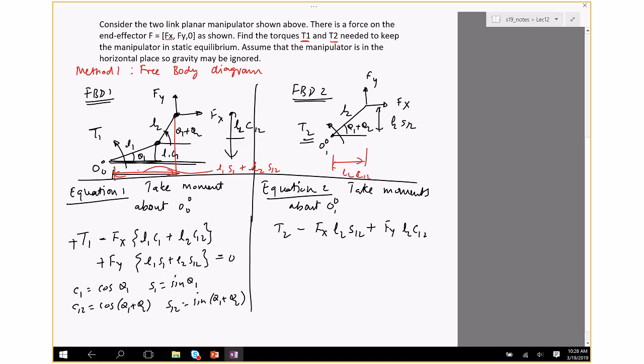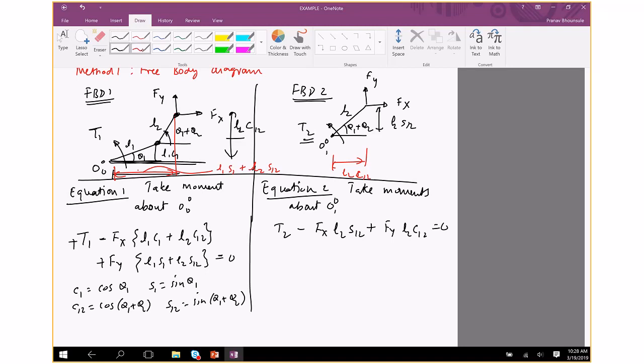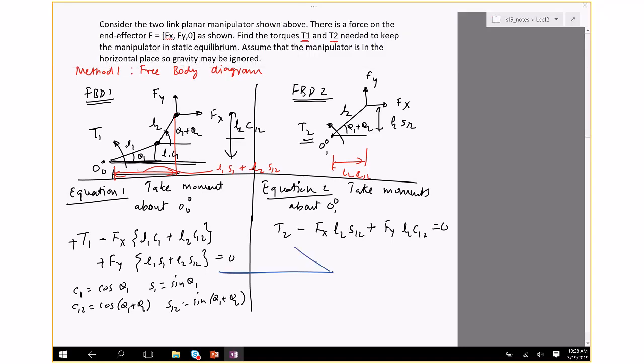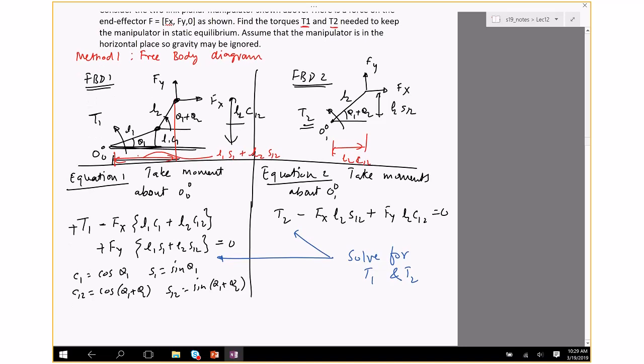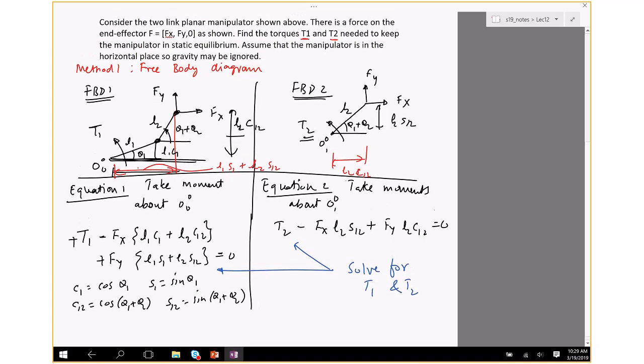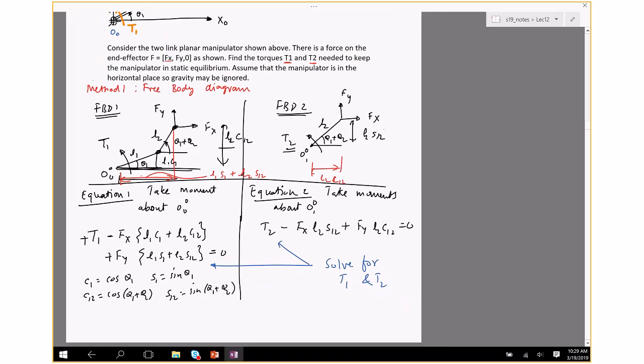That is equal to 0, and I can solve for T1 and T2. That's how you would do it if you refresh your mind about how you did it in statics: draw a free body diagram, take moment balance, and get the answers to torque.